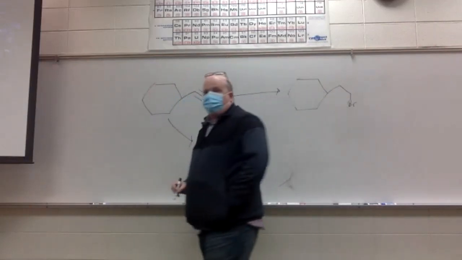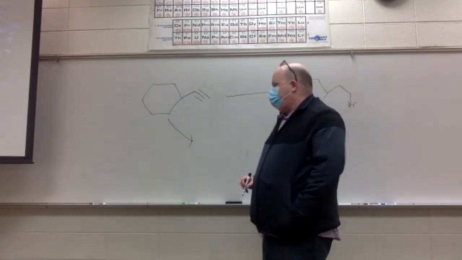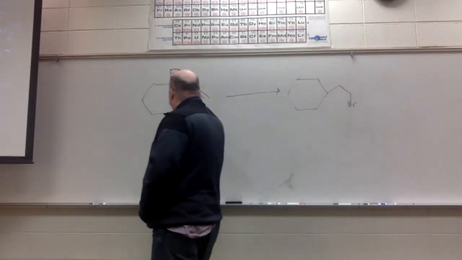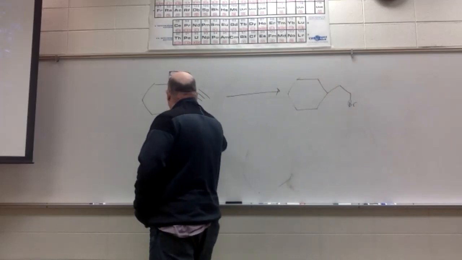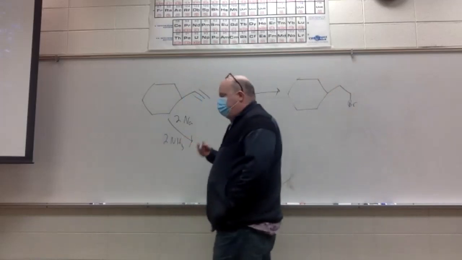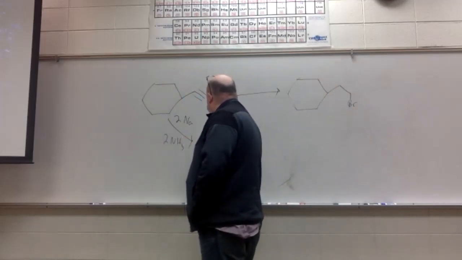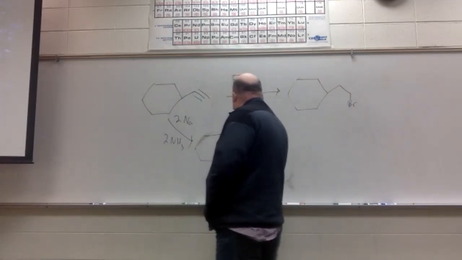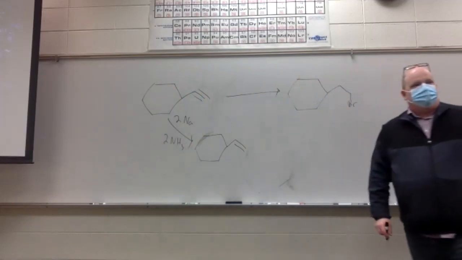So first, you're going to make an alkene. How do you want to do that? That works just fine here. Honestly, you could do it either way in this particular case, since there's no cis trans for us to worry about. That will give us an alkene. And then what do you want to do?